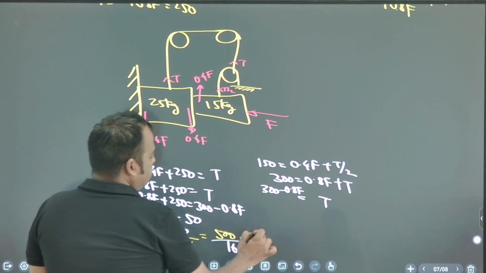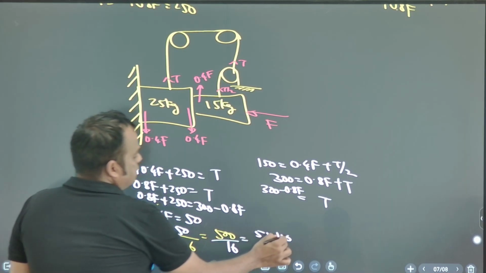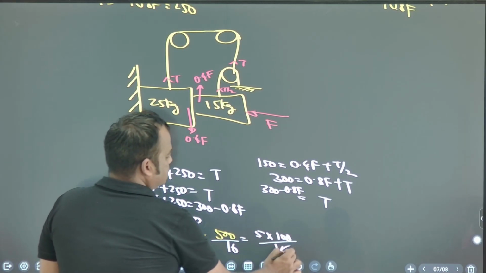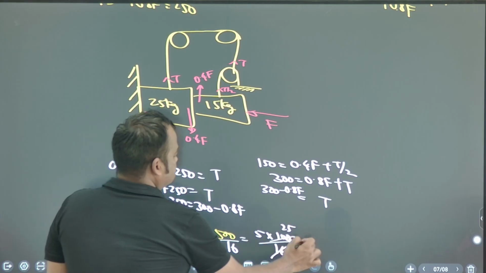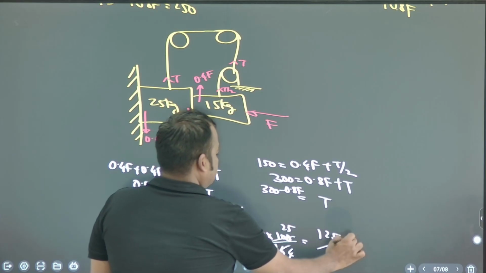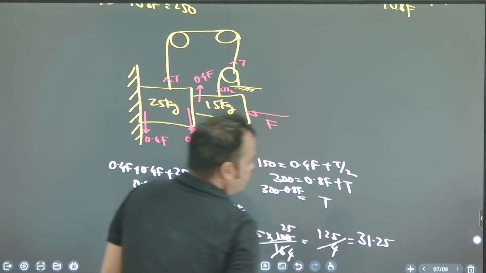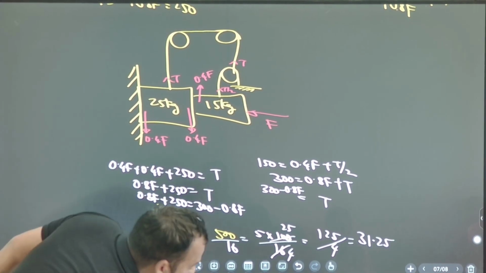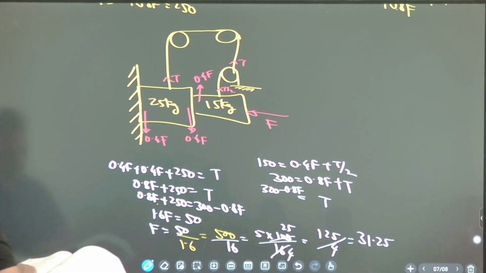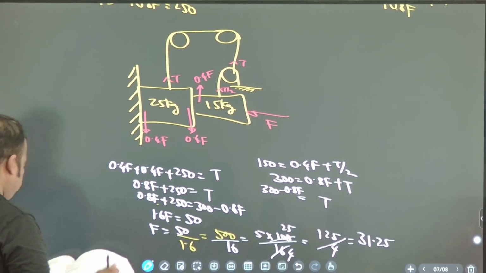Cancel by 4. 4 times 25. 25 into 5, 125. 125 by 4, 31.25. Oh, it is not there. 25 by 4.